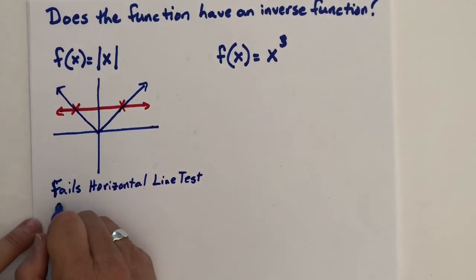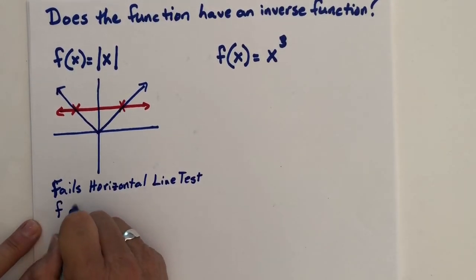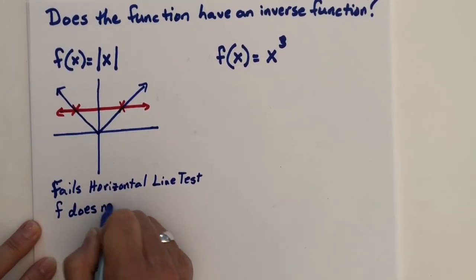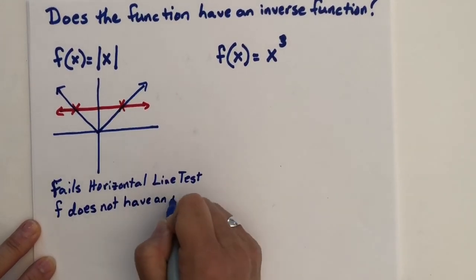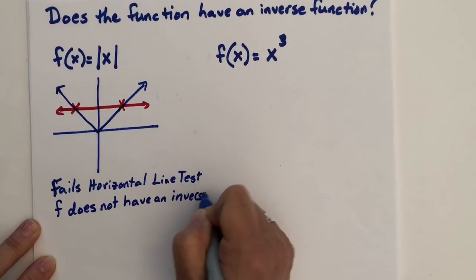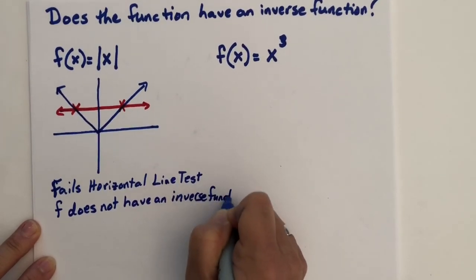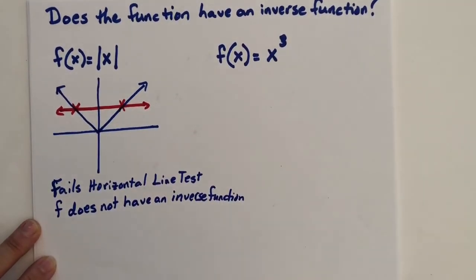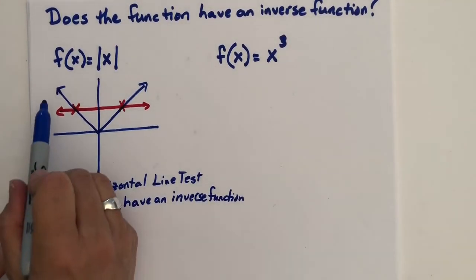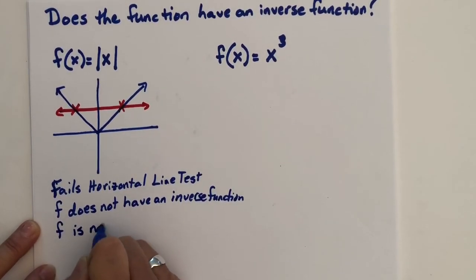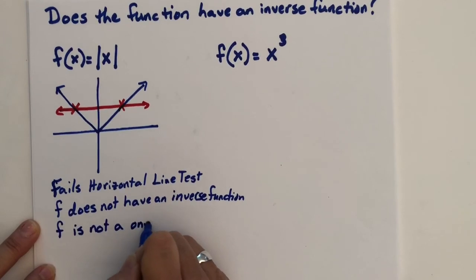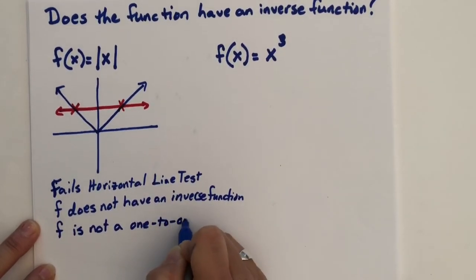So that means f does not have an inverse function. And one more piece of vocabulary that I haven't mentioned is that we say this function is not one-to-one. F is not a one-to-one function.